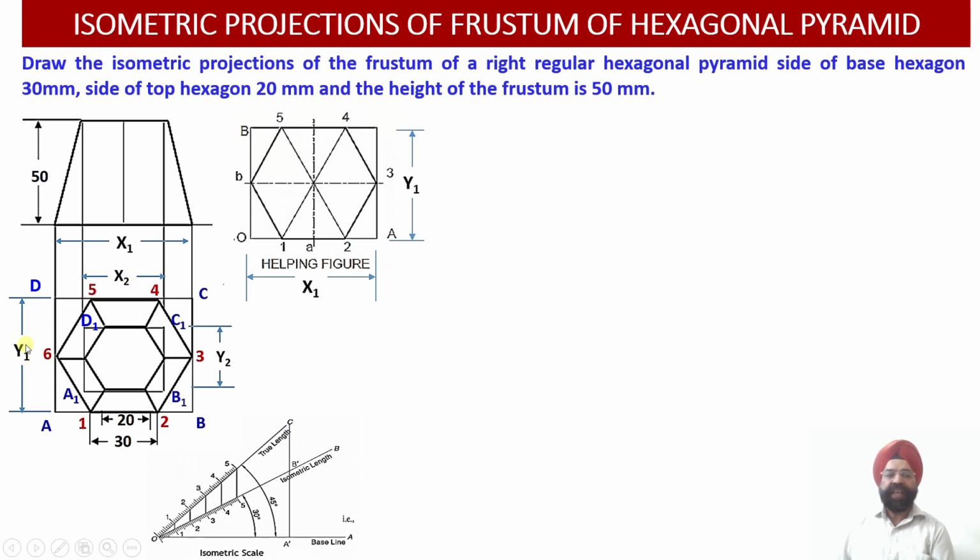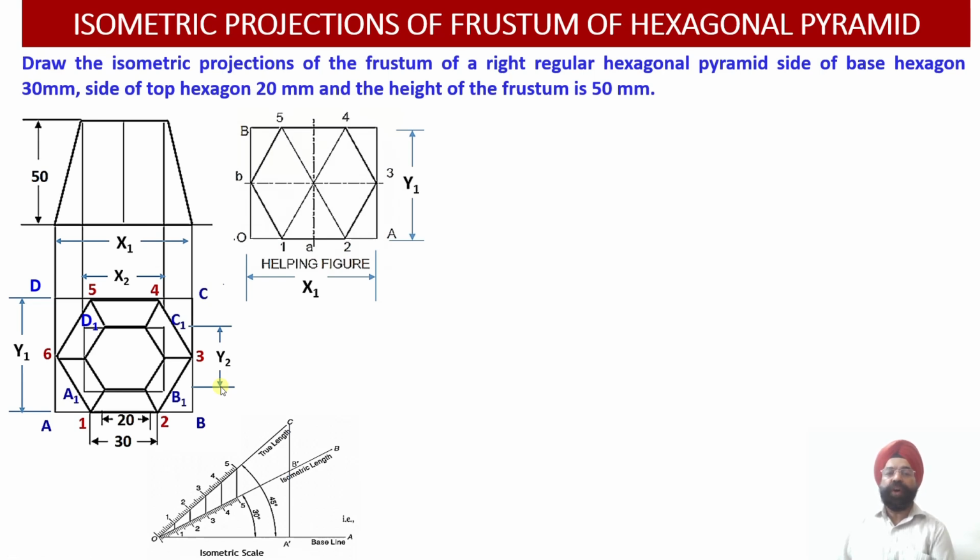Similarly, y1 is the width of the bigger rectangle corresponding to the base, and y2 is the width of the smaller rectangle which corresponds to the frustum portion or the top portion of this hexagonal pyramid.